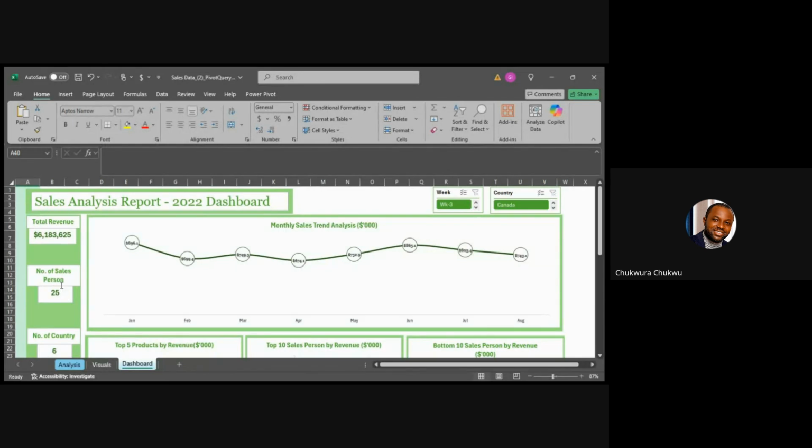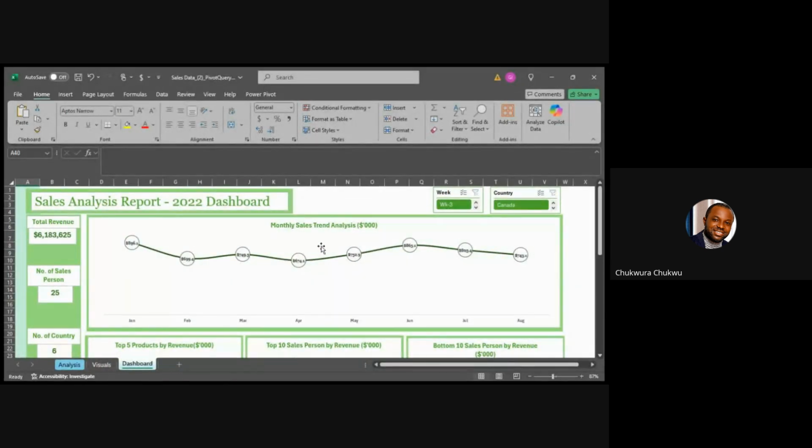If you look at my dashboard, the first thing I created was a line graph to explain the monthly trend analysis, from January down to August. We can see from my analysis that January had the highest number of sales, about $896.1 thousand.